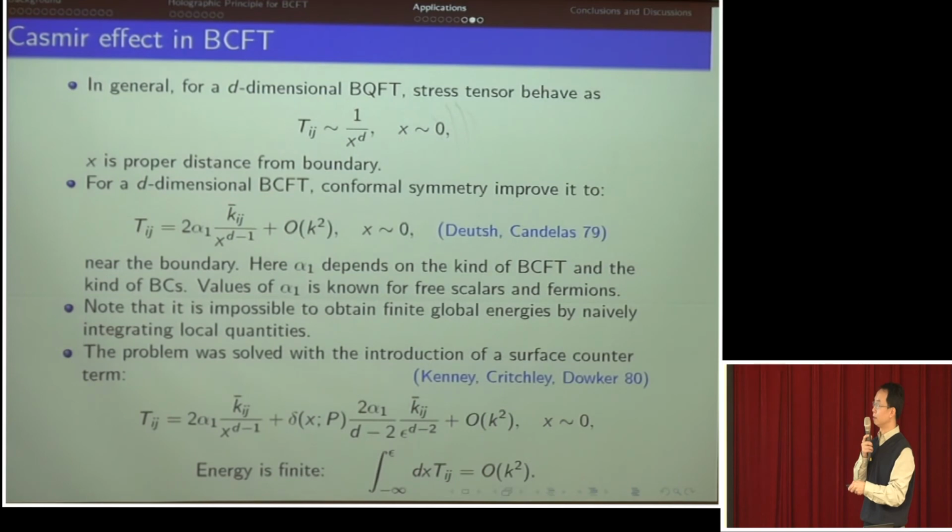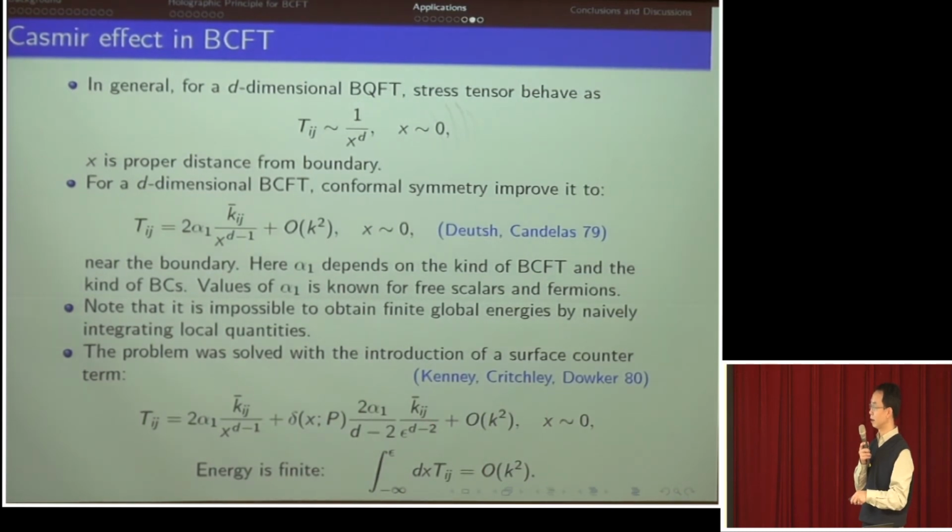Now at first look, this may look problematic because at x equal to 0, you get a divergence in the energy. But this seems to be unphysical. How can you get an infinite energy? This was a problem in the 70s, when they first discovered this. But shortly after, people understood that actually this can be normalized away by using a boundary counterterm localized at the boundary.